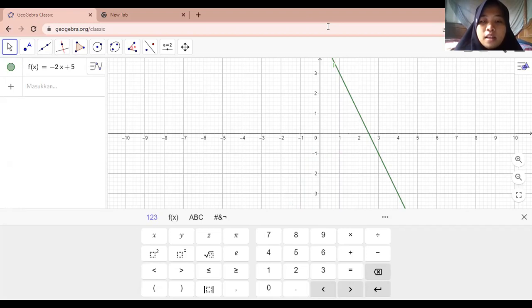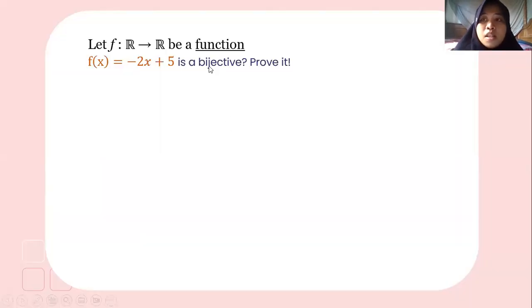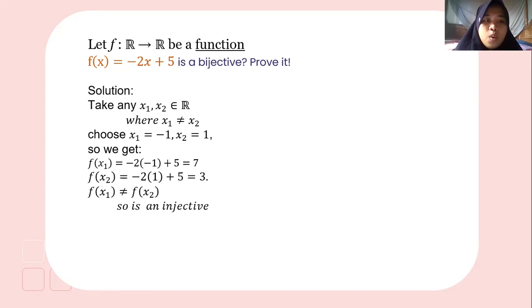Why? Because a bijective function satisfies both the injective function and the surjective function. So we will investigate whether it is injective or not.